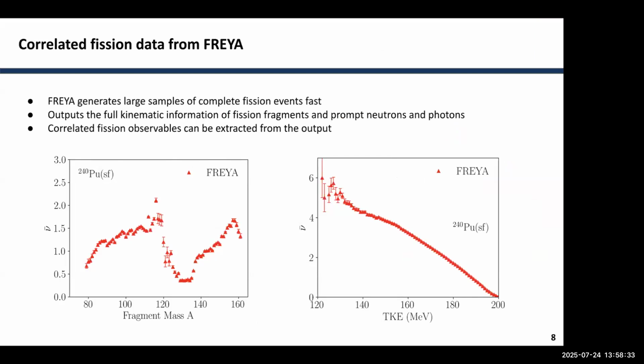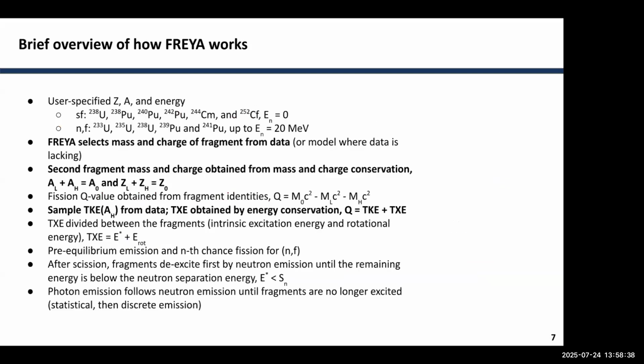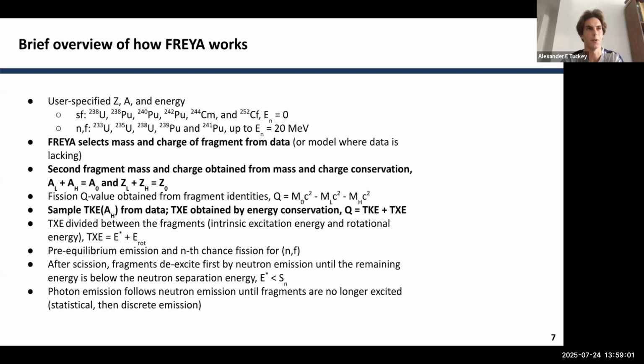Yeah, that makes sense. Thank you, Alex. Going back to slide 7, you mentioned the total excitation energy being divided into this static and rotational energy. What models under the hood actually determine this distribution for these isotopes that fission? That's a good question.